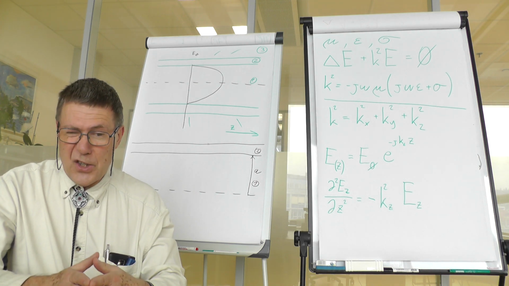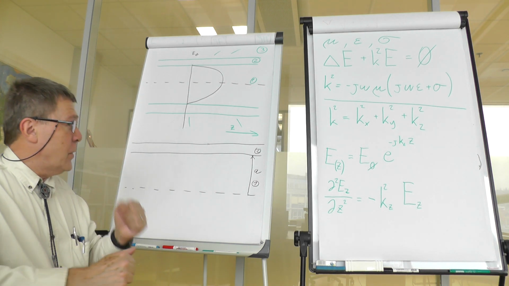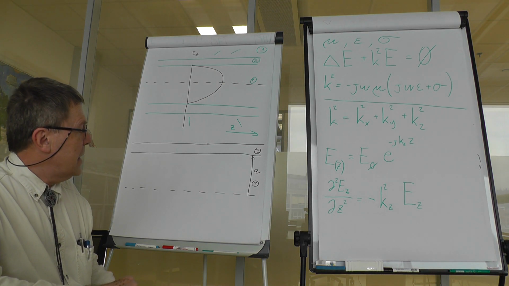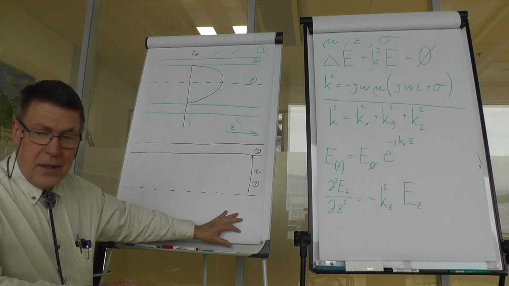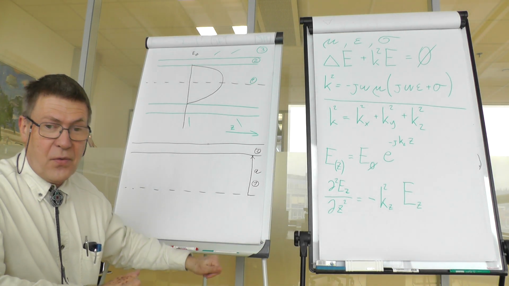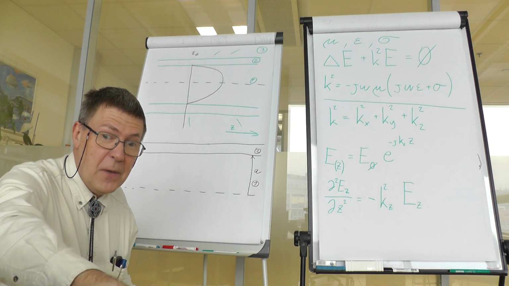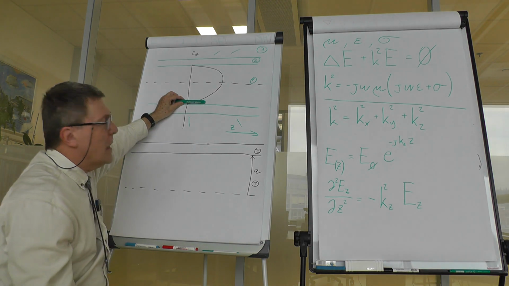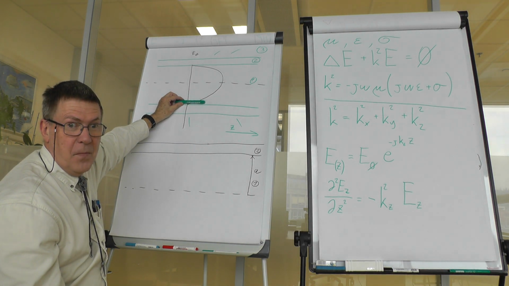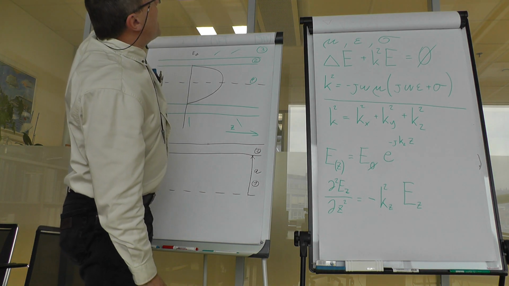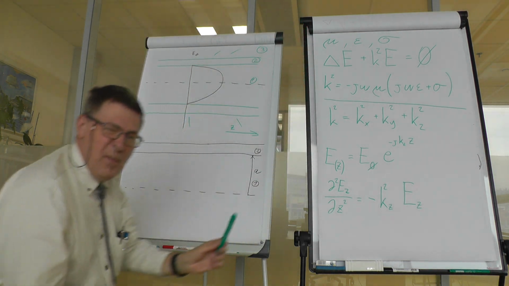...fulfills all those conditions, and we should try to do it now. So first, let us write the solutions for the field within those three regions. We have, in fact, three different regions: inside, in between those two walls, then within the layer, and then outside up to infinity.